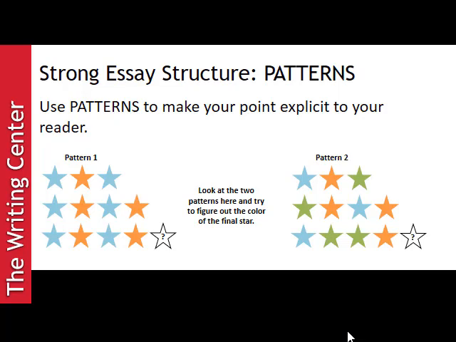So it should be pretty obvious, I hope, that the color of this star over here would be blue. Wow, the color of this star over here, we're not really sure because the pattern in pattern 2 isn't really clear. It might be orange, might be green, might be blue, might be some new color that we're just going to start using. So using patterns helps your reader know what to expect next.